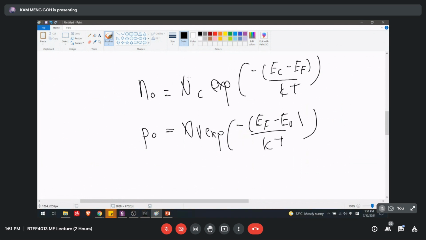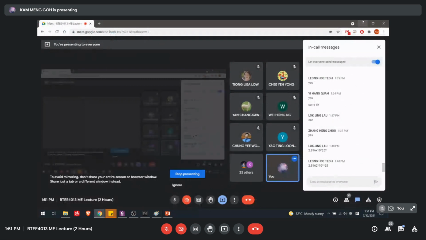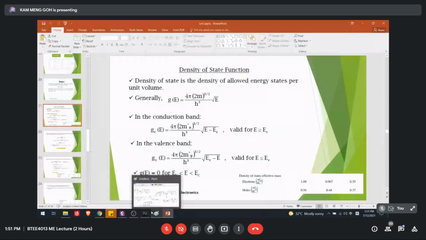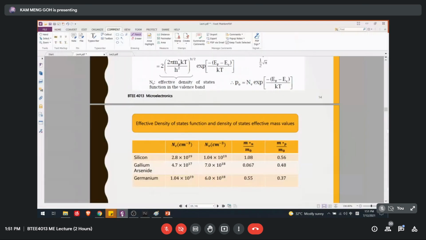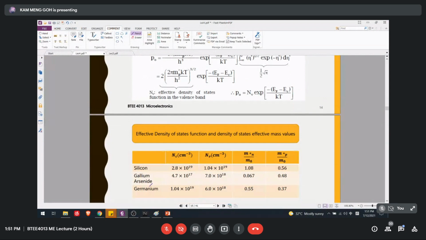As you know, NC and NV, we need to use the above super long formula to calculate every time. To make your life easier, these two values are always standard values for silicon, gallium arsenide and germanium. So somebody already helped you calculate everything.